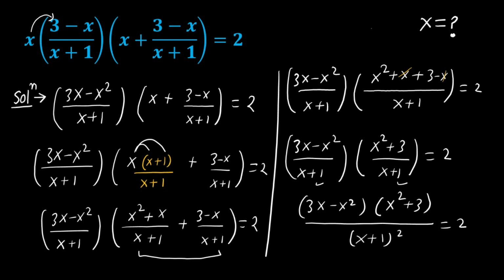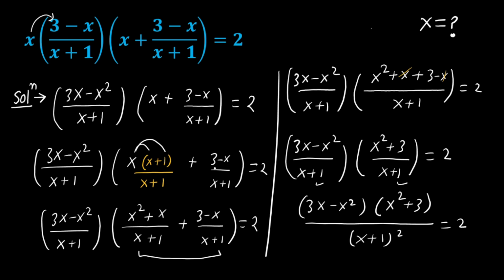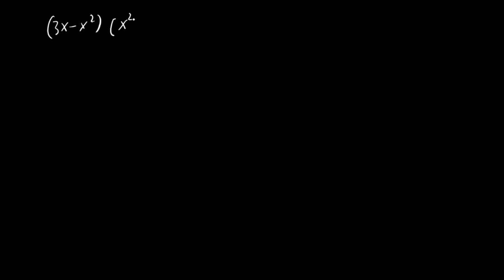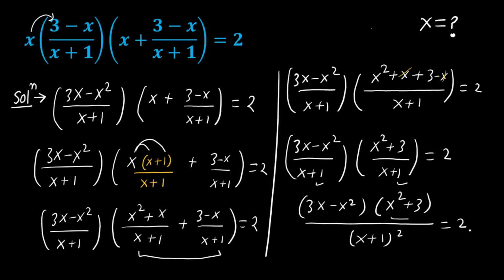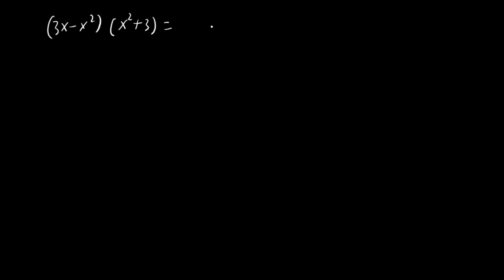On the left hand side (3x minus x square) is multiplied by (x square plus 3), and this is equals to 2 multiplied by (x plus 1) whole square.